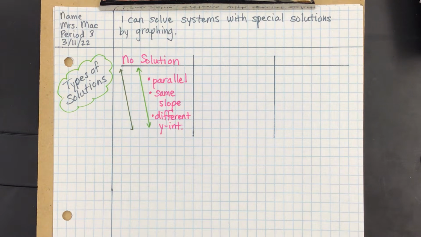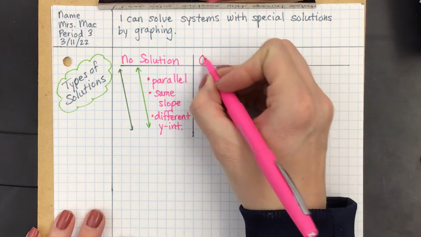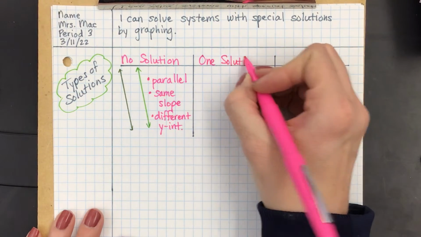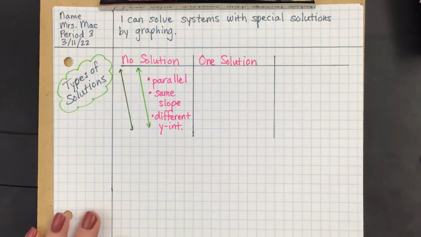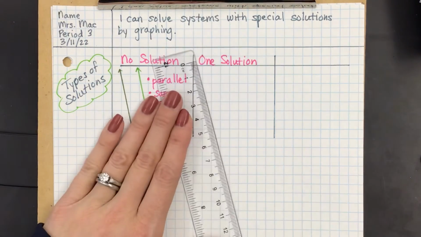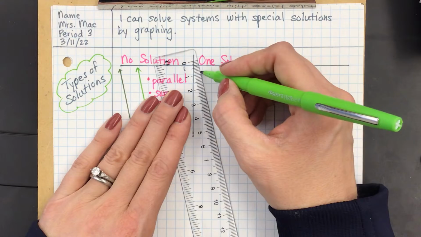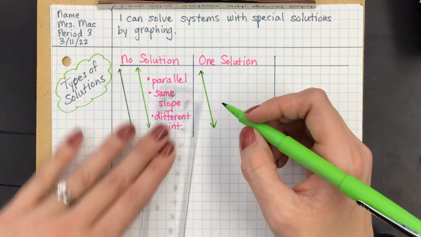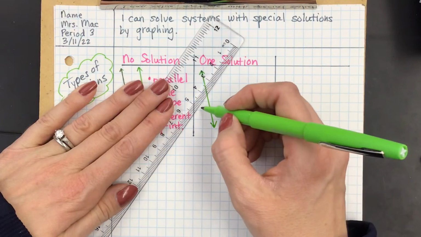Now the next solution is the type that you're most familiar with, and that's when there is one solution. That happens when your lines are neatly crossed and they have one point where they meet.